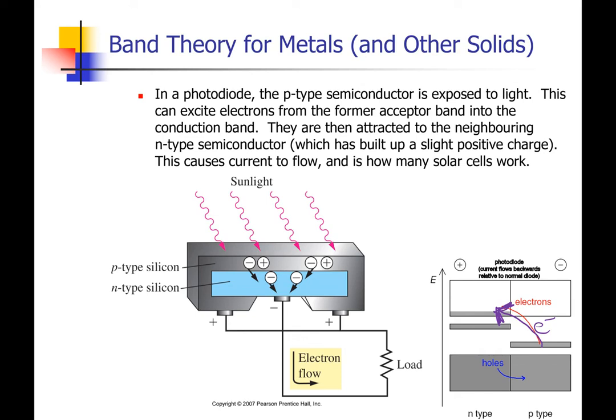And this is what happens in what we call photodiodes. This is one way of harnessing energy from the sun in solar cells: taking that light energy, using that light energy to excite electrons in the reverse direction from which current would naturally flow, and essentially store electrical energy.